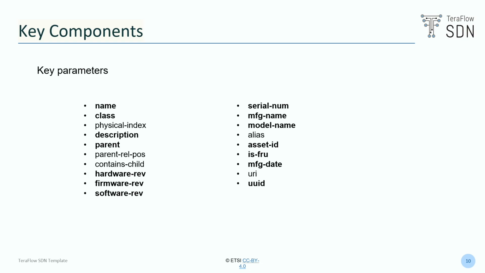The description, that it's an optional parameter in the model, and the parent, that it's a reference of the previous component. For example, for the transceiver, the parent is the port. So we say for transceiver 1, the parent is port 1. And for the fan and power supply, the parent is the chassis.